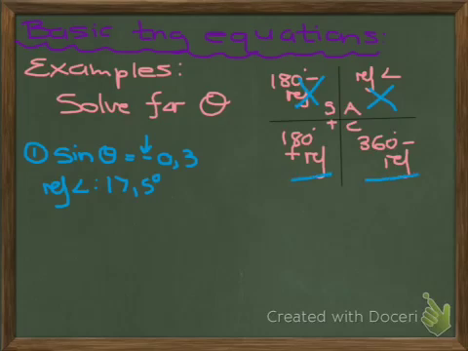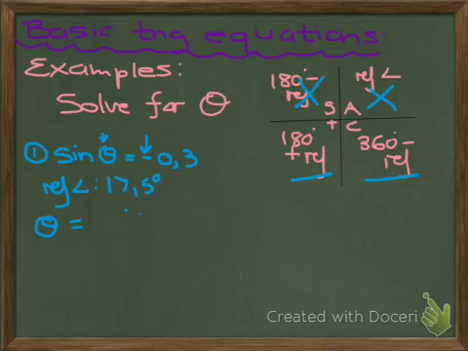So in quad 3, my angle, which is only theta, very simple, will be 180 degrees plus my reference angle. All right, so if we take my reference angle and we add 180 degrees, we're going to get 197,5. So we don't need to see that written like that, as long as we understand that that's what we did.